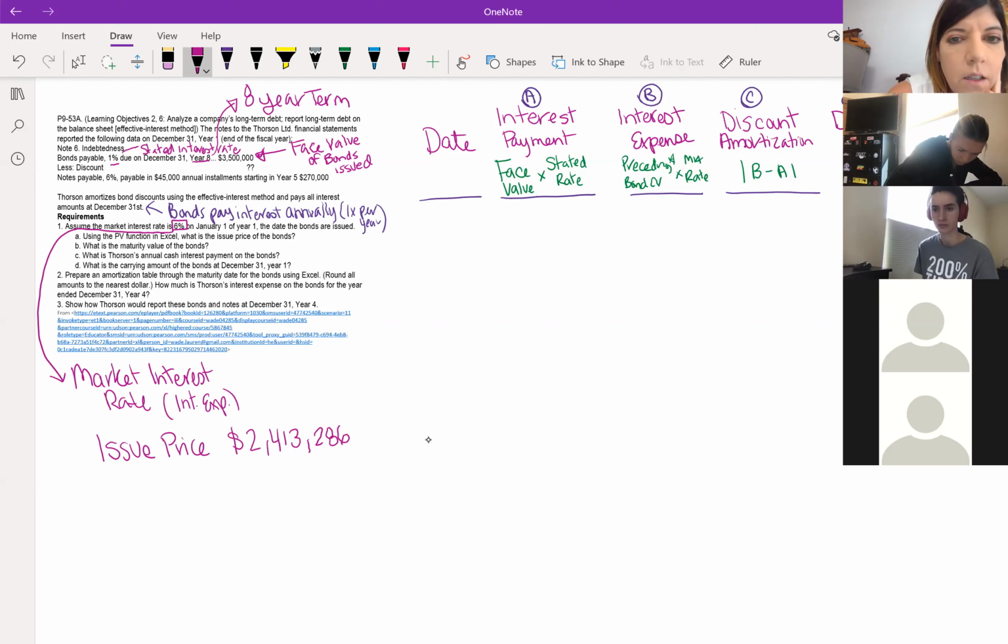For the next calculation, before we get started on the amortization table, this would be the answer for A that you would include. What is the maturity value of the bonds? Do we even need to calculate anything for B? Is B given to you?